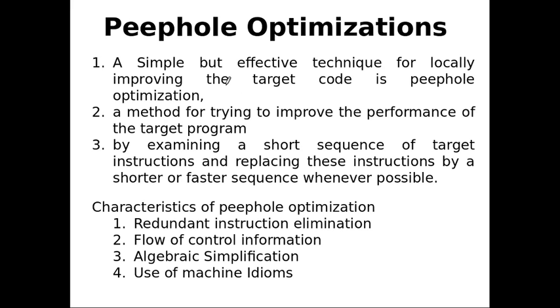So peephole optimization in the sense is simple, my dear. When you are interested in applying an optimization method, it is not possible to apply it to the entire source code or entire implemented code.